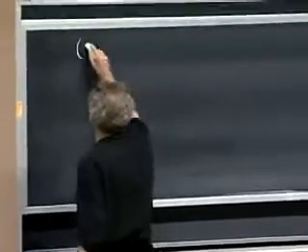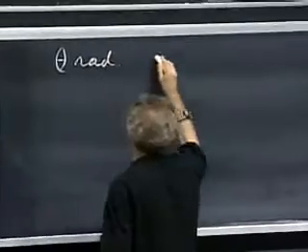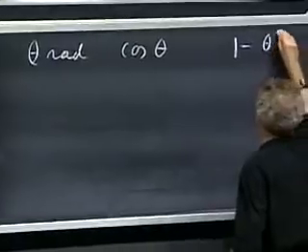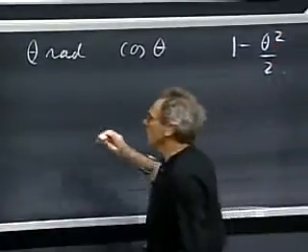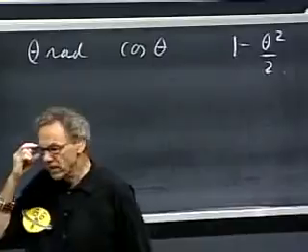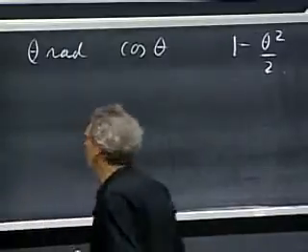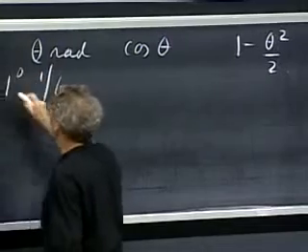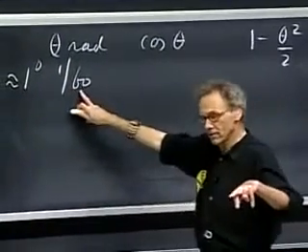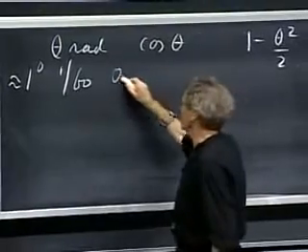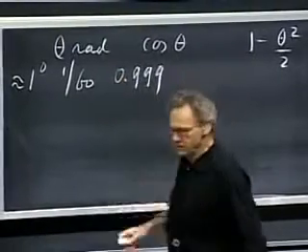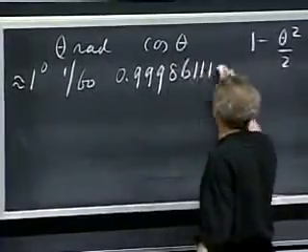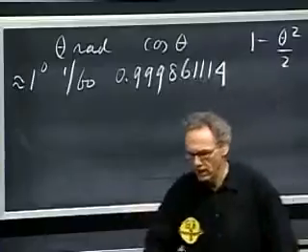If I give you here theta in radians, and here the cosine of theta, and here 1 minus theta squared over 2, then if I take 1/60th of a radian, since this is approximately 1 degree, but I pick exactly 1/60th, and I ask what the cosine is, that is 0.999861114. I just used my calculator.